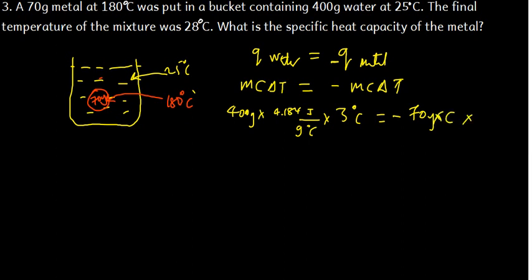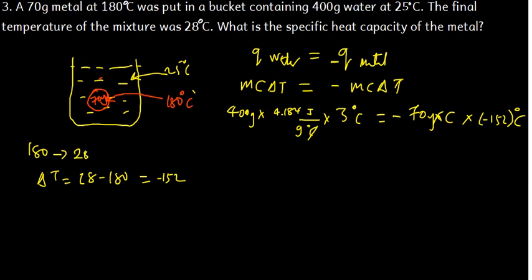And then the change in temperature has moved all the way from 180 to the final, which is 28. So there is a decrease, and the change in temperature is final, 28, minus initial, 180. So 28 minus 180 is negative 152. So I'm multiplying by negative 152 degrees Celsius.